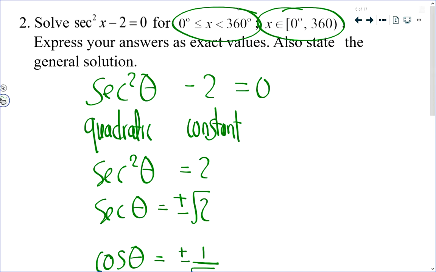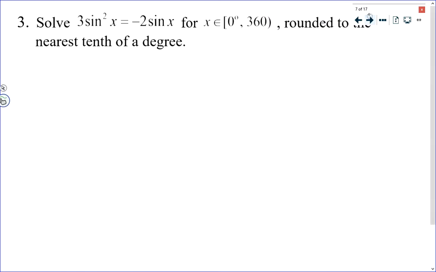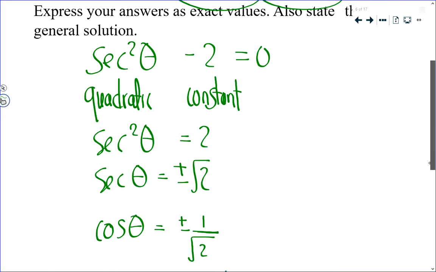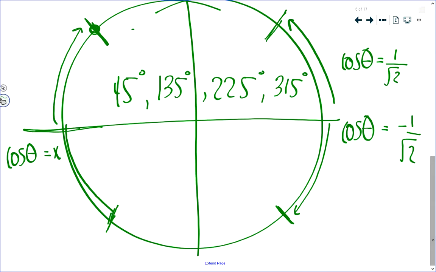Now, it also says what's the general solution. Again, like the previous example, we could say 45 degrees plus multiples of 360, 135 degrees plus multiples of 360, and on down the line.